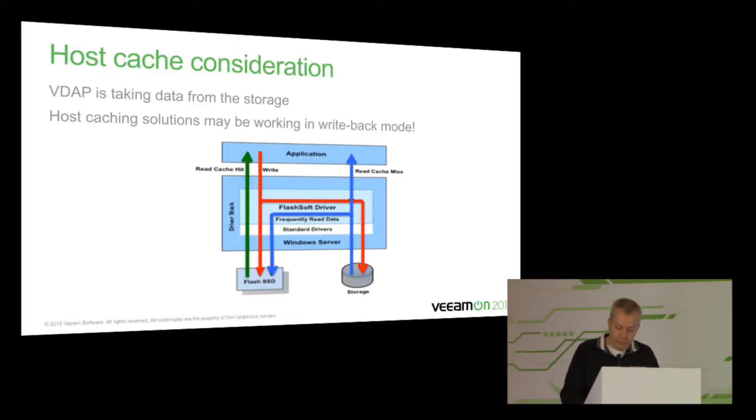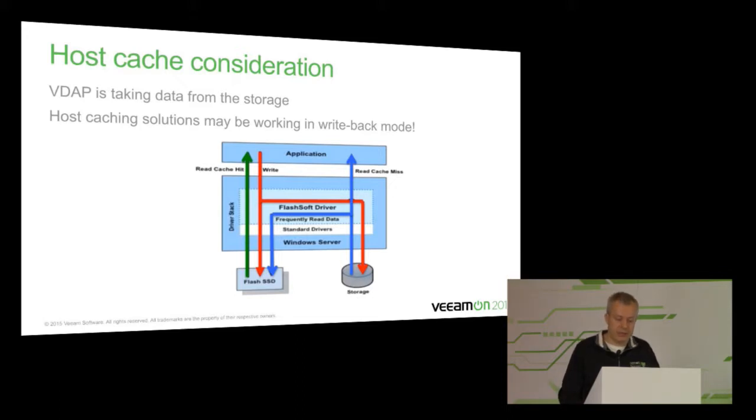From this point of view, depending on the type of caching solution that you are using, there can be a specific knowledge base on how to provide consistent backup also with this kind of cache. For example, for PernixData, you have a specific workaround.